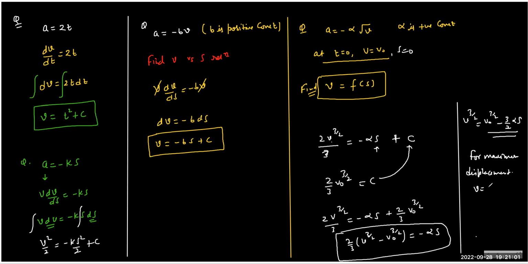The final velocity equals 0, because you will keep on moving ahead till you have some velocity left. And the moment your velocity is 0, you will come to rest. So the moment you put v equals to 0, you will get a nice answer. If you put 0, I'm writing directly 2 by 3 alpha.